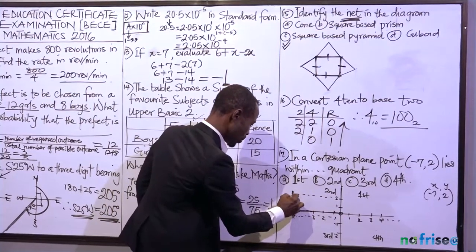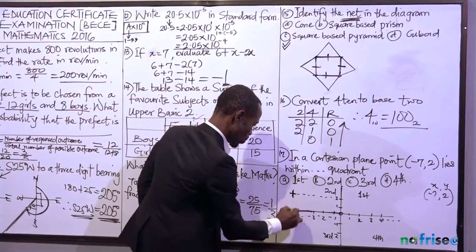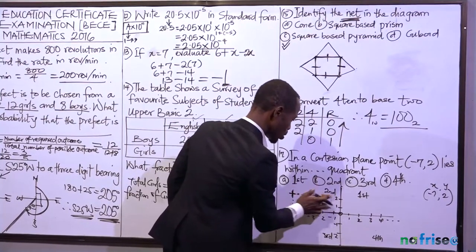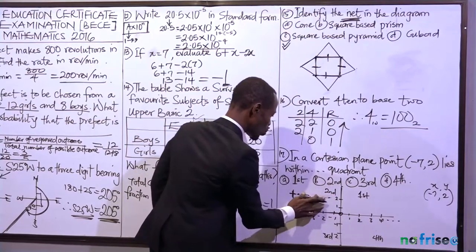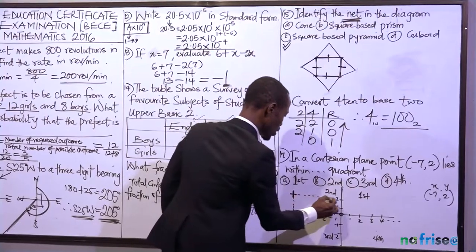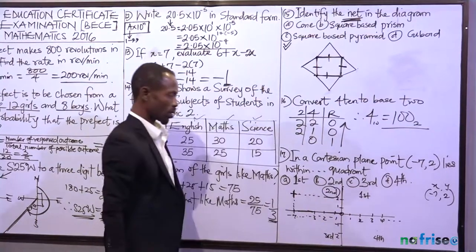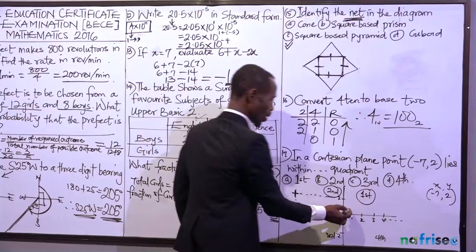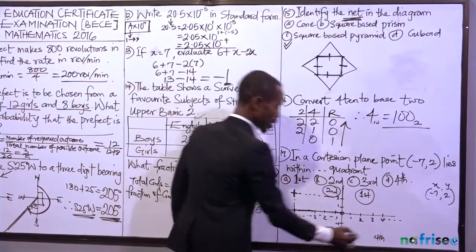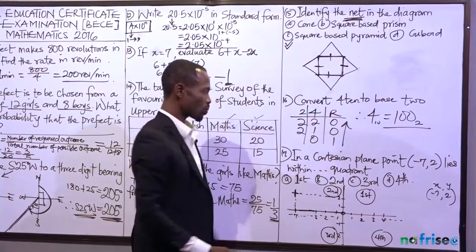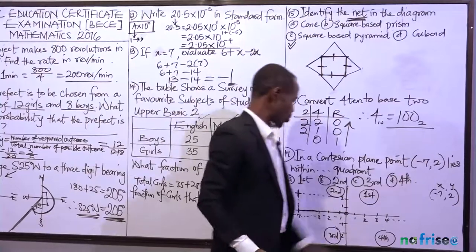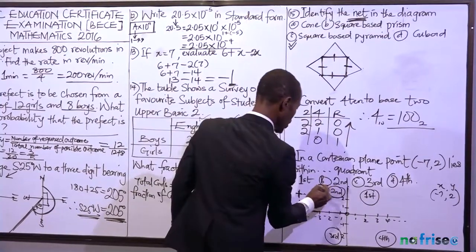This is the point they are talking about, where x is -7 and y is +2. So which quadrant does this point lie in? It lies in the second quadrant. This is the first quadrant, going anti-clockwise: second quadrant, third quadrant, and the fourth quadrant. So this point, where x is -7 and y is +2, lies in the second quadrant, which is B.